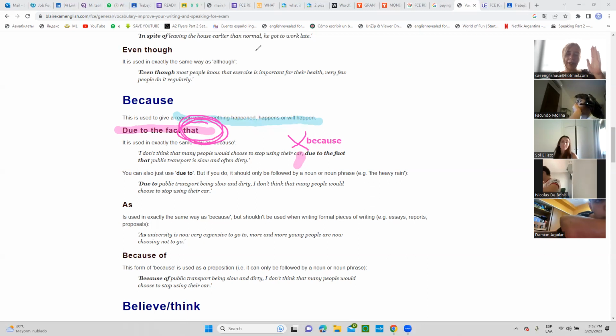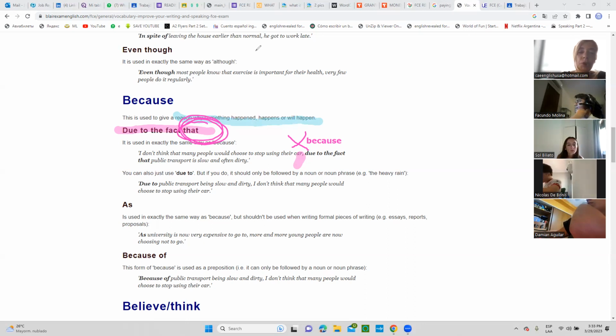I need you to get this clear, because if you use these phrases, they are easy to use. After that, you have a subject plus a verb, a sentence. You might make a mistake, but if you remember that after that follows a clause, a sentence, you won't be using it wrongly.